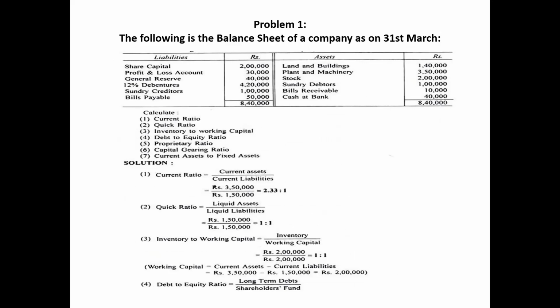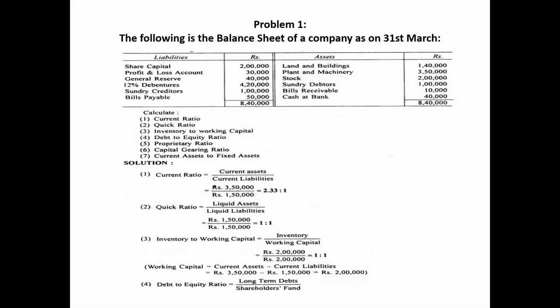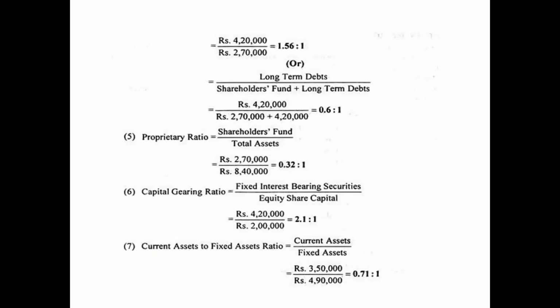So how will it go? It will be like 4,20,000 divided by 2,70,000. Okay, ignore the next one. You have to consider this formula only. Long term debt divided by shareholders' funds. The ratio comes out to be 1.56 is to 1.